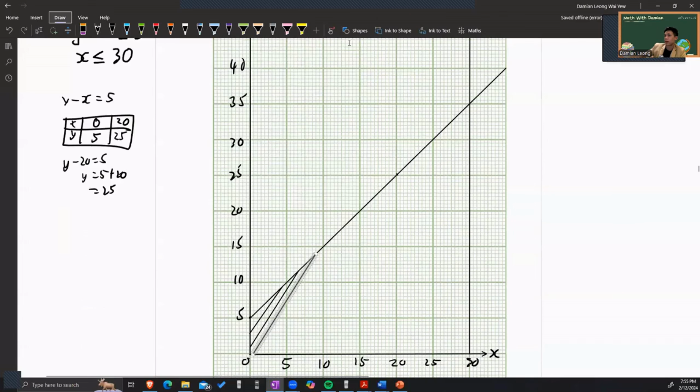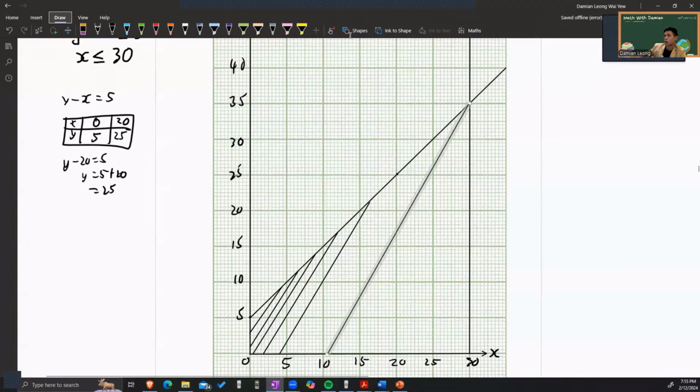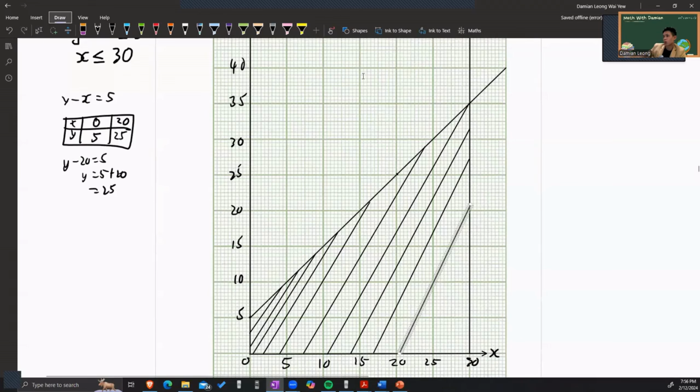If you draw freehand to shade, they may penalize you. Basically like this, just shade all the way, covering this whole region.